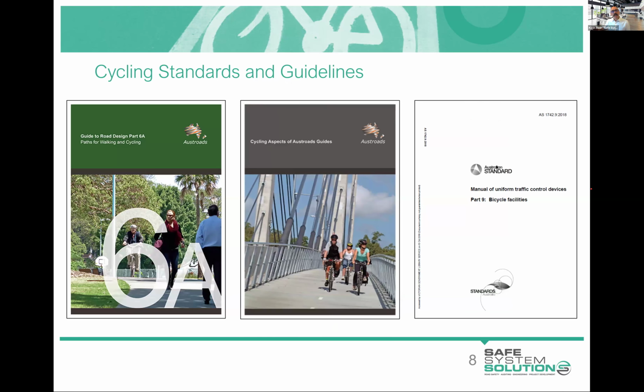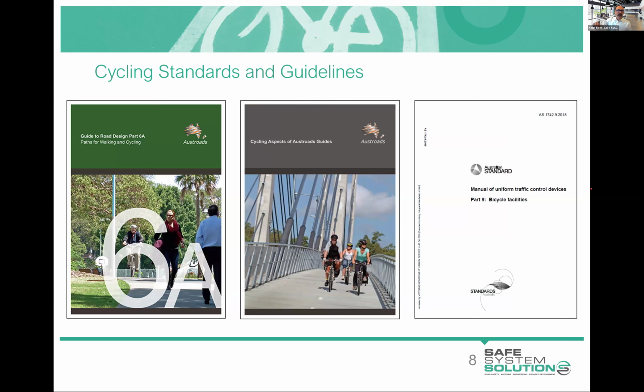Then when we get into the standards and guidelines around cycling infrastructure, the Austroads Guide to Road Design, Part 6A, Paths for Walking and Cycling, is a really good resource. It's got a lot of good information in there.